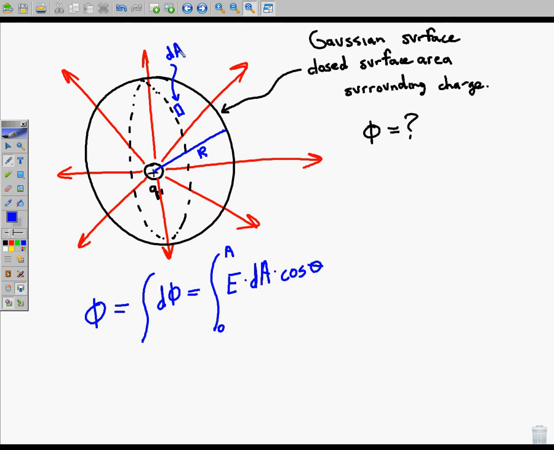But due to symmetry, and that's how Gaussian surfaces always get set up, so that symmetry is a huge plus here. Due to symmetry, since I'm choosing a sphere, what do we know about the electric field direction at that point and the direction of the little normal at that point?